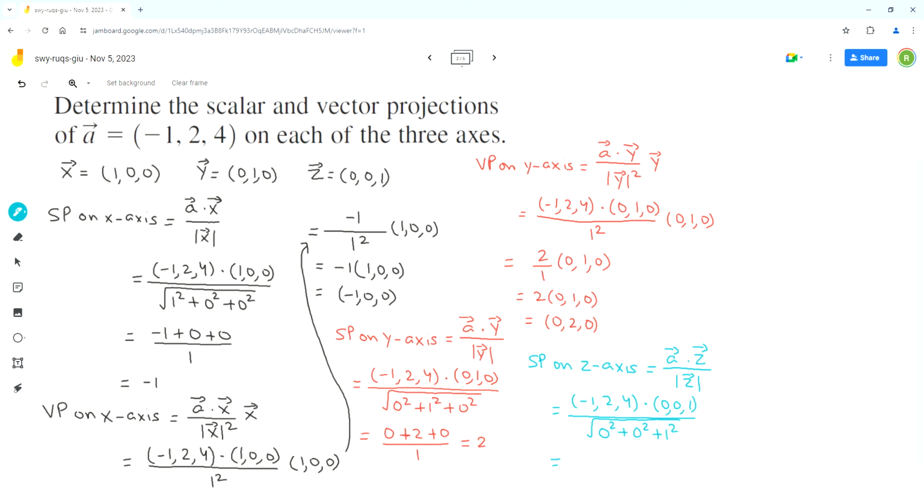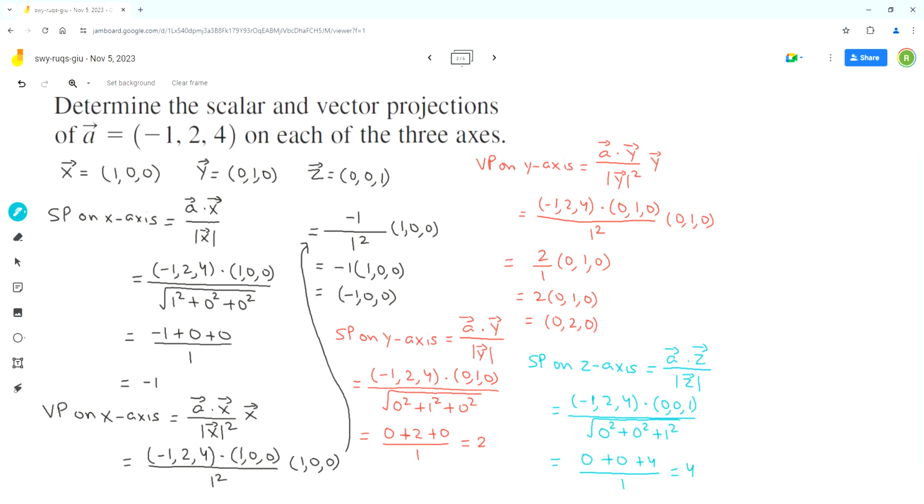We multiply the x, y, and z components. Negative 1 times 0 is 0, 2 times 0 is 0, 4 times 1 is 4, and in the denominator we get 1. So the scalar projection on the z-axis is equal to 4.